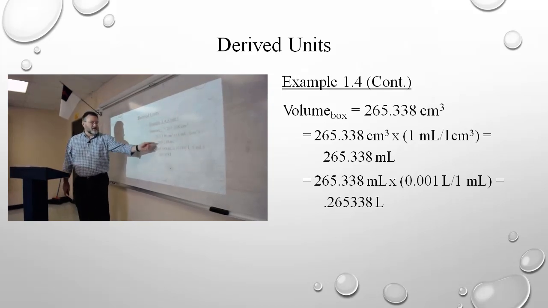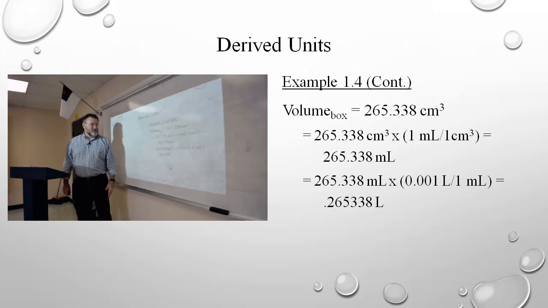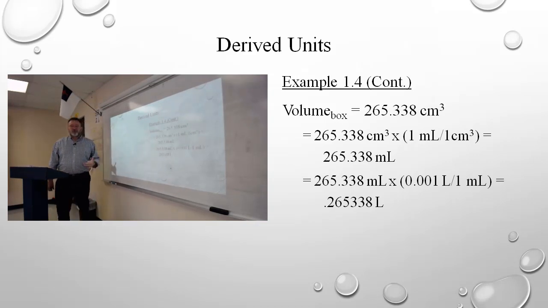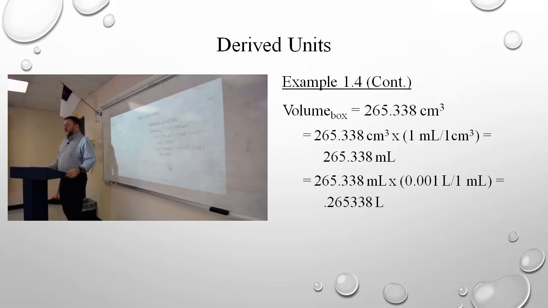Milliliters cancel milliliters. I'm left with liters. That's what I'm looking for. And when I do the math, I have 0.265338 liters. So all of that, 16.192 cubic inches equals 0.265338 liters. I was asked for liters. I have it in liters. I'm done.